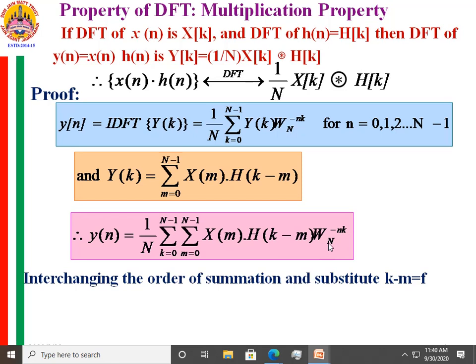Afterwards, you replace this k minus m with some other variable f.